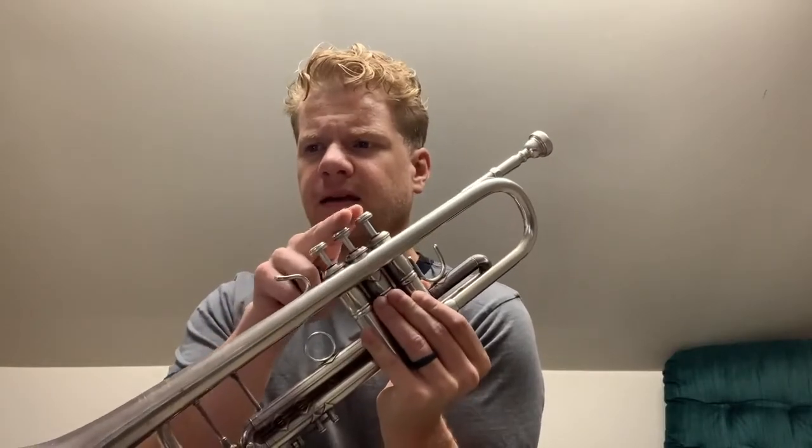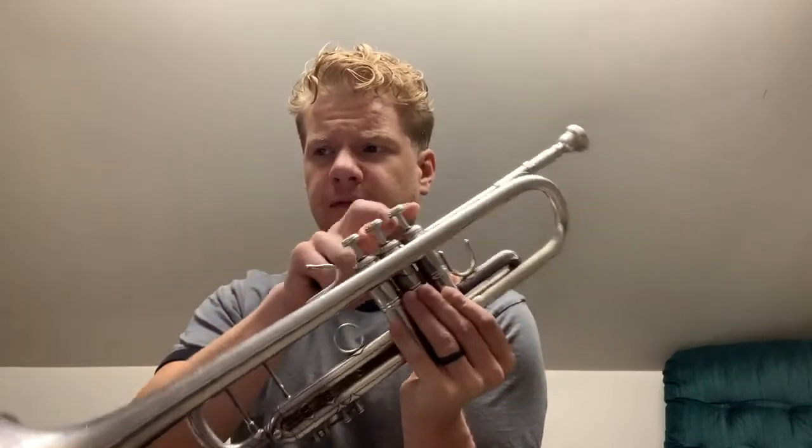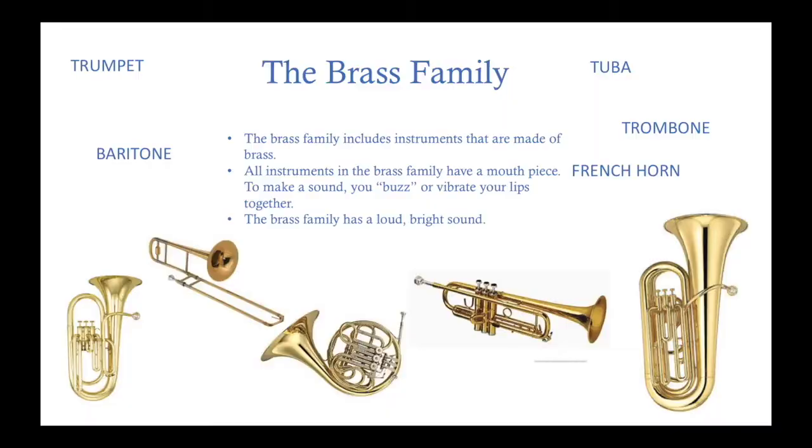So again, mouthpiece, a body made of tubing, valves, and a bell. So get started on sketching that out on a piece of paper, and don't forget to label those parts. Here they are listed above.